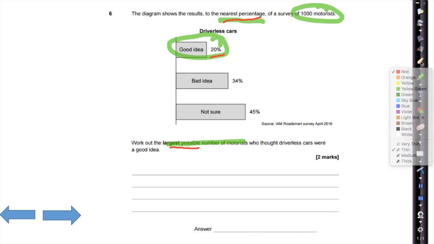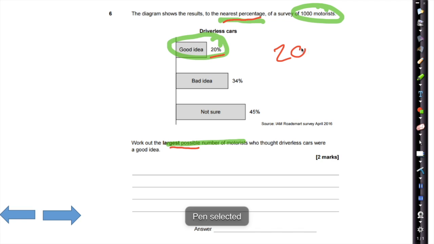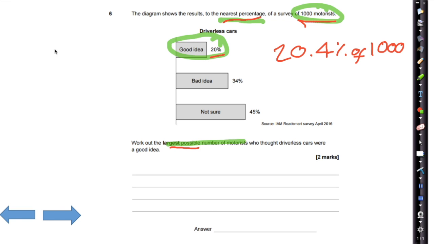So we must have rounded 20.4% to give us 1,000 motorists. Okay, it could have been maybe 20.49% or 9 recurring percent or whatever to be that, but as we'll find later on, that's actually not going to be a whole motorist. So 20.4% is what we need to now find of 1,000.